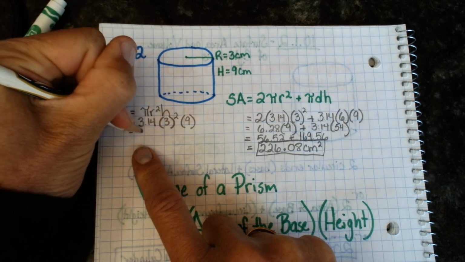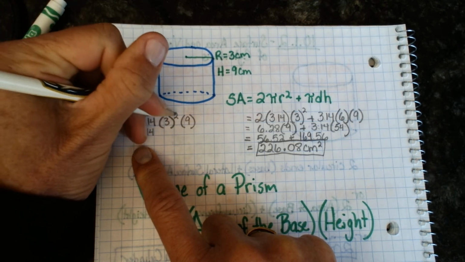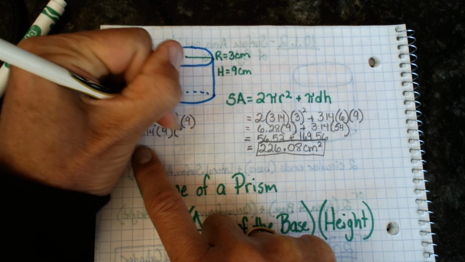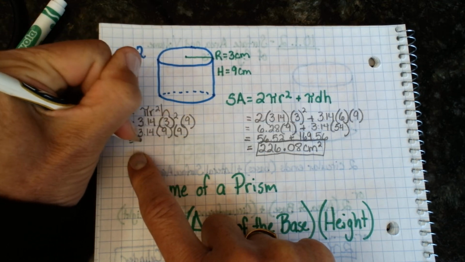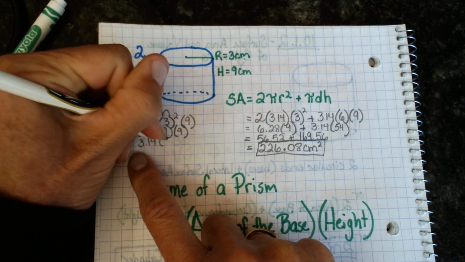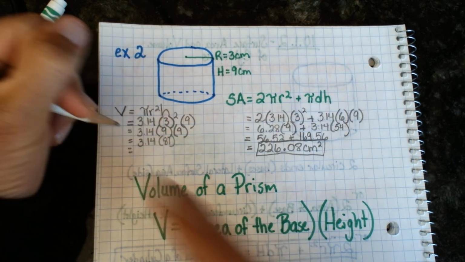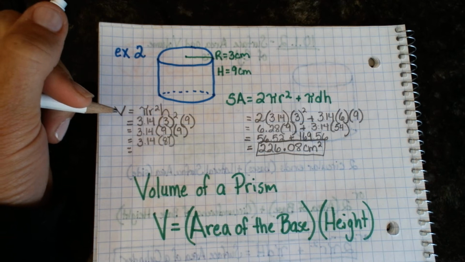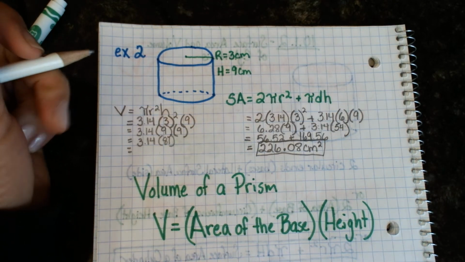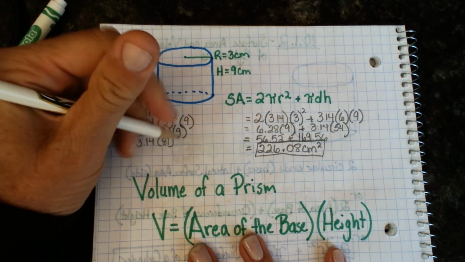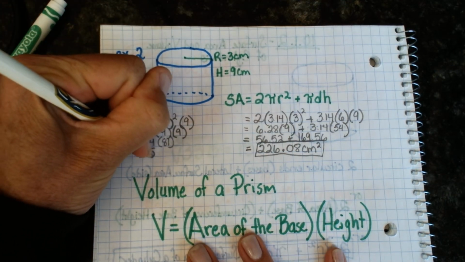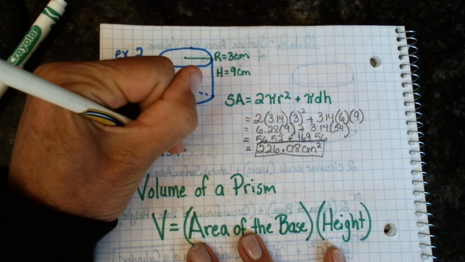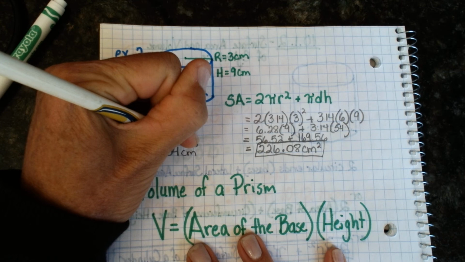Okay, so 3.14, exponents first, 3 to the second power is 9, times 9 again. Oh, okay, so we have 3.14 times 81. So I'm going to reach for my calculator, 3.14 times 81. And we find that the volume of this cylinder right here is 254 and 3/4 centimeters cubed.